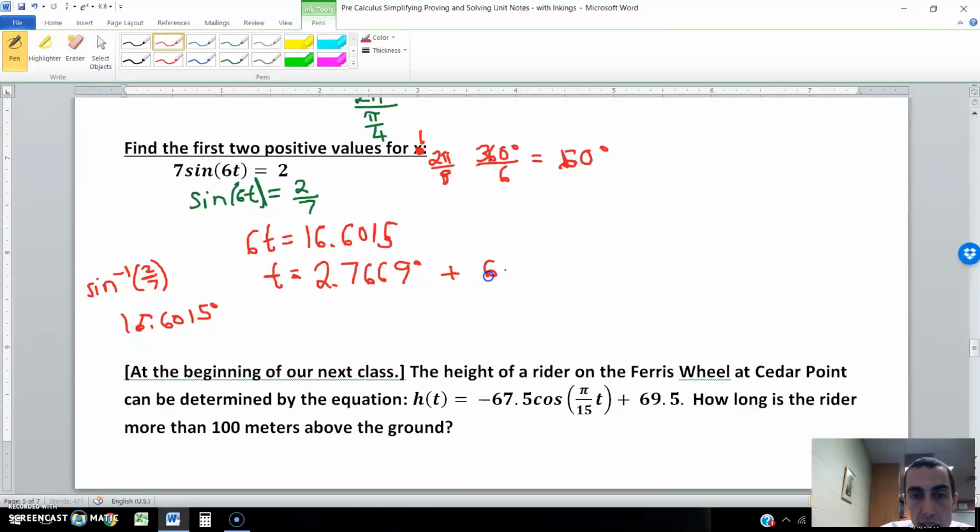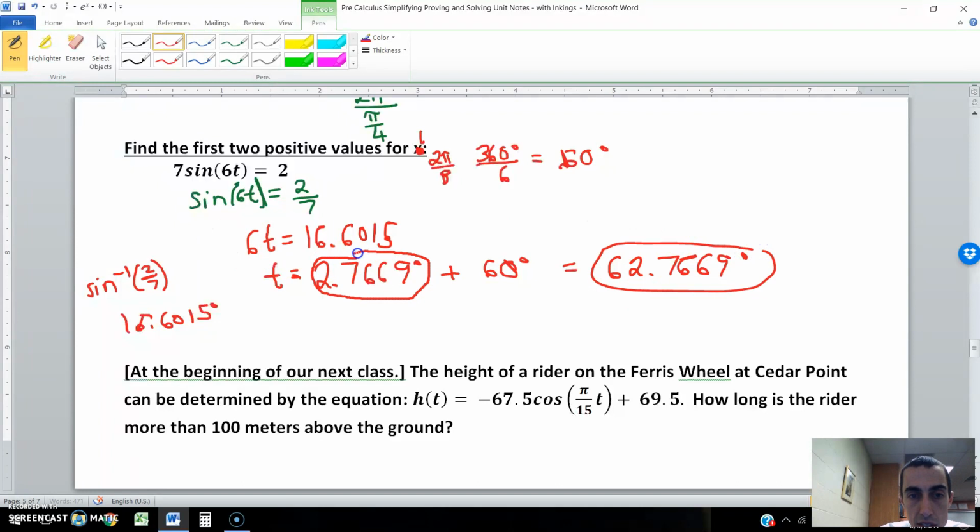So we would add 60 degrees to that answer, and we would get 62.7669 degrees for our second angle. We'll also circle our first. This next one can be done at the beginning of our next class, and I'll see you there.